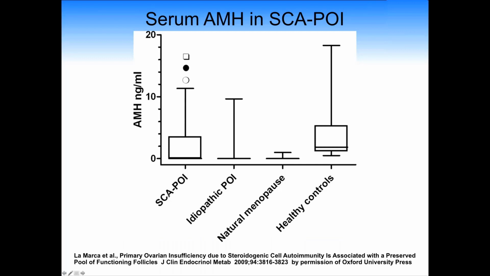Another interesting thing is that women with steroidogenic cell antibodies and POI have higher AMH levels than women with idiopathic POI. So they're much more likely to have primordial follicles remaining in the ovary, and with the right formula of immunosuppression, you might be able to get those follicles working again.